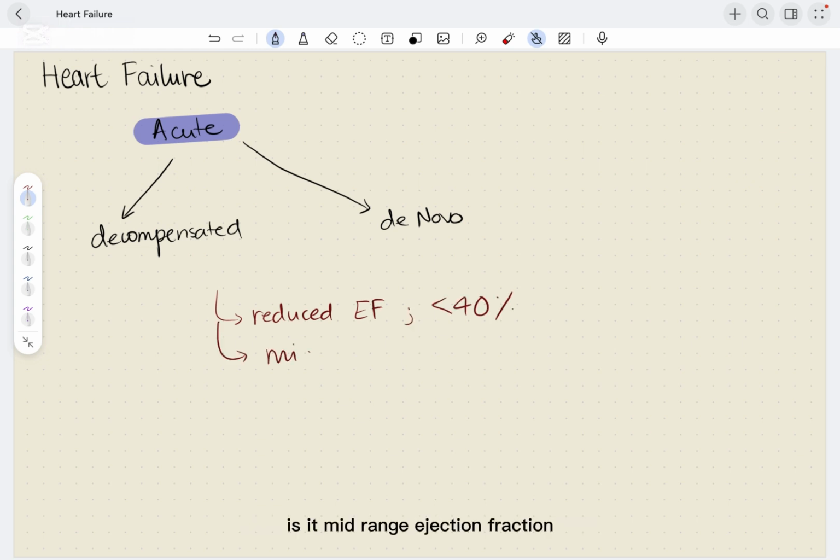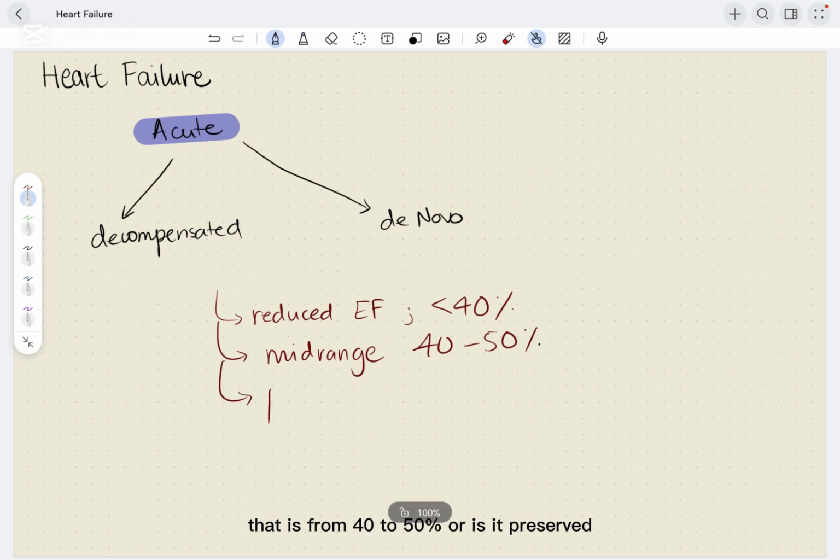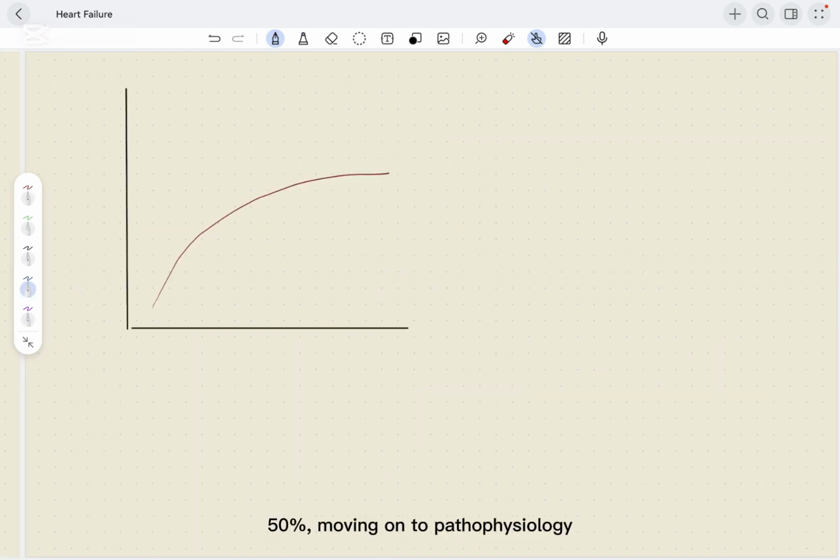Is it mid-range ejection fraction, that is from 40 to 50%? Or is it preserved, in which case it's going to be ejection fraction more than 50%?